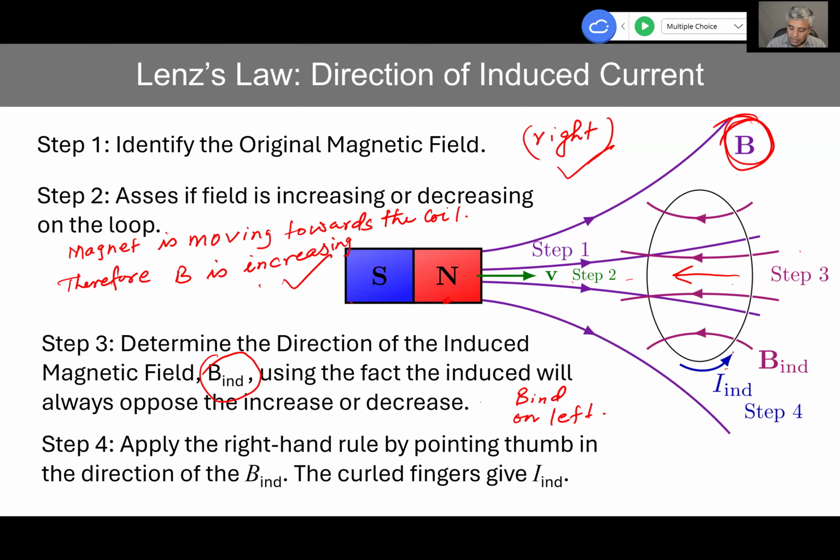For example, if current was driven this way, the positive terminal of EMF must be this way and the negative terminal that way, right? We can say that the positive is pointing this way, in the direction of the flow of current. But often we just end up using the current direction, okay?